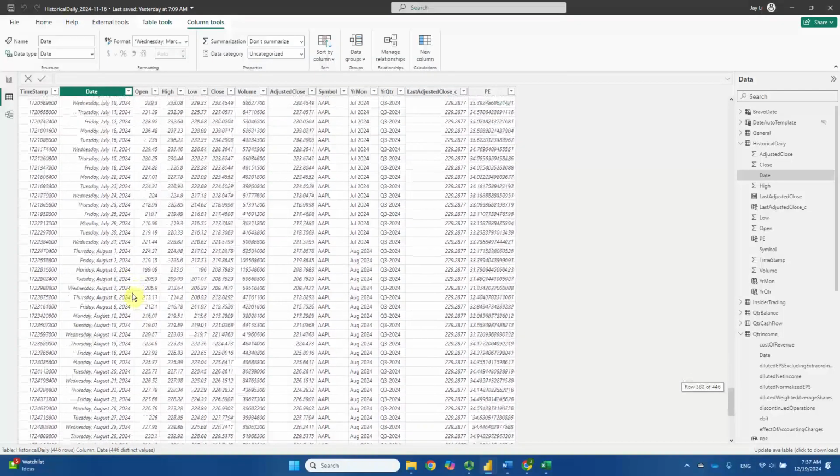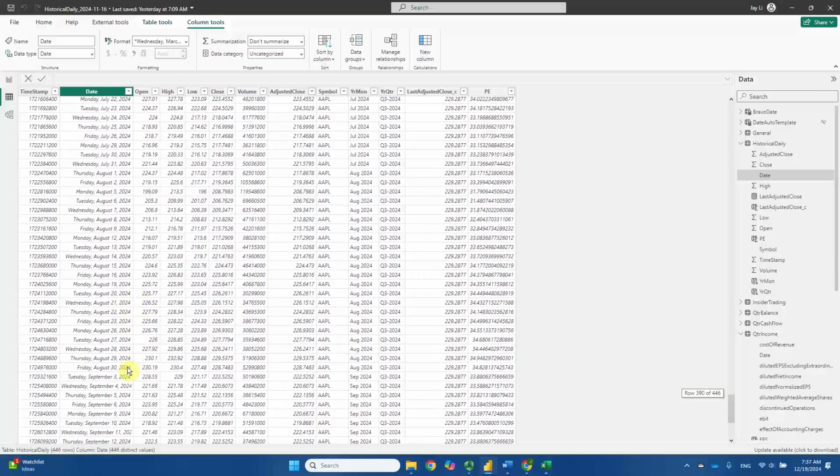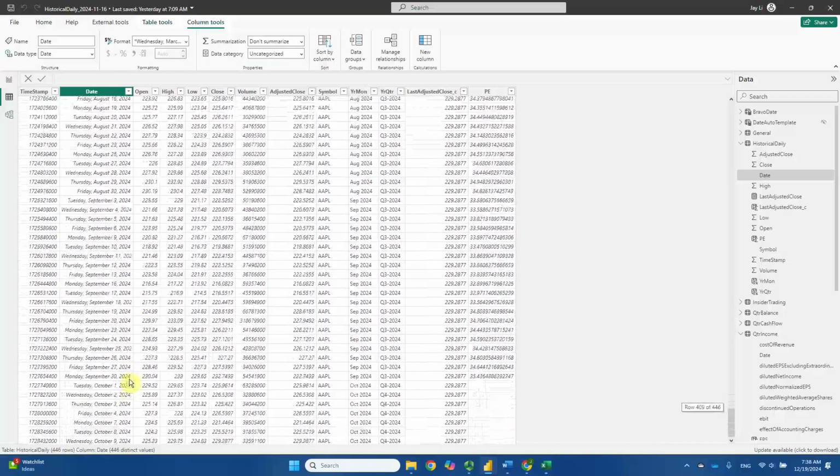So keep going. Let's check the third quarter of 2024. Here the last trading day in the third quarter of 2024 is September 30th, which is actually the same as the last calendar day in the third quarter.